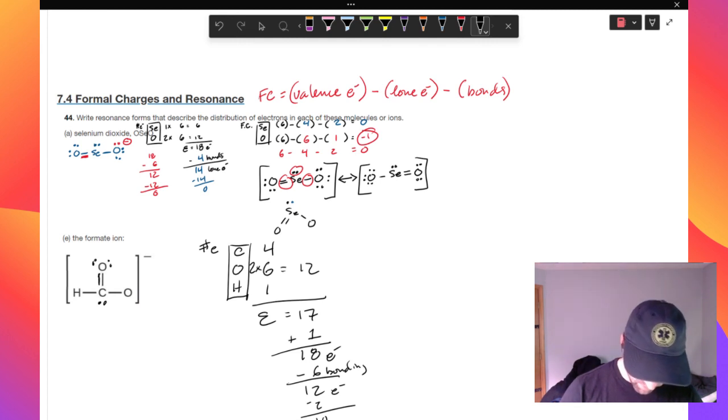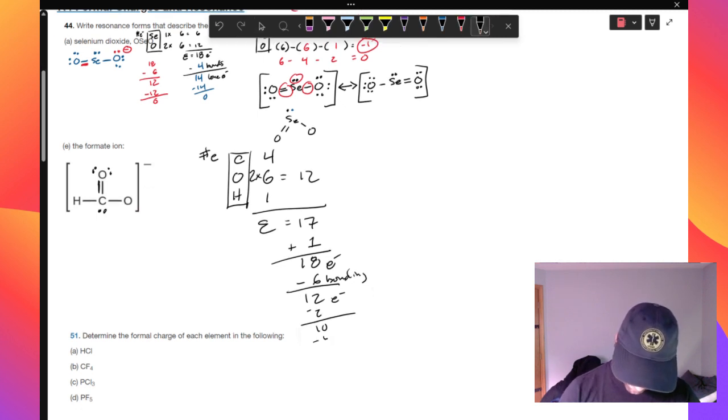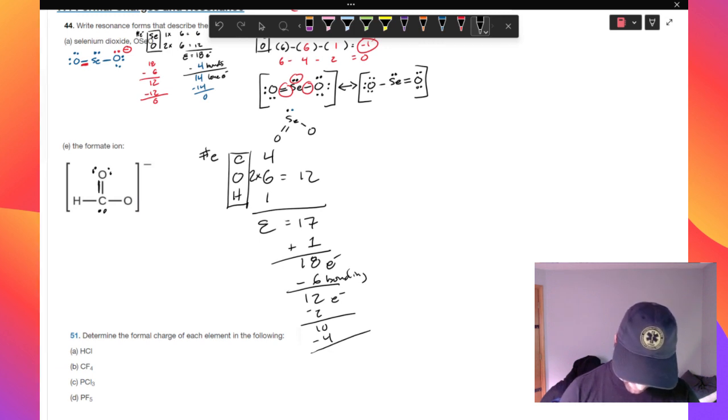If I put 2 on this vertical oxygen, this north one, we have to account for some more in that bond to fill that octet. So that's minus 4 as lone pairs, minus 2 additional as a bond. Gives us 4 left to account for.